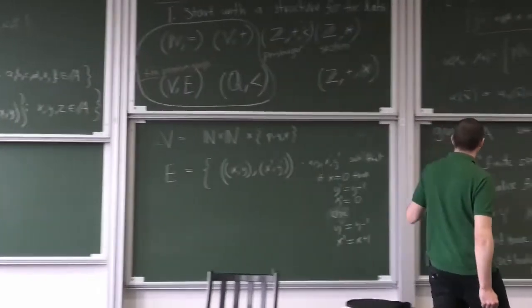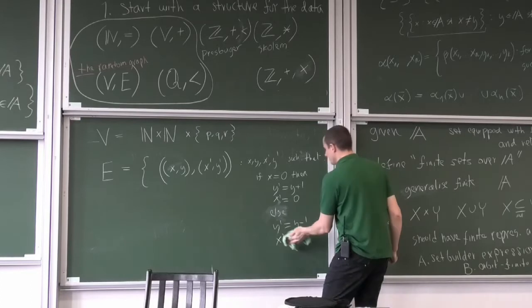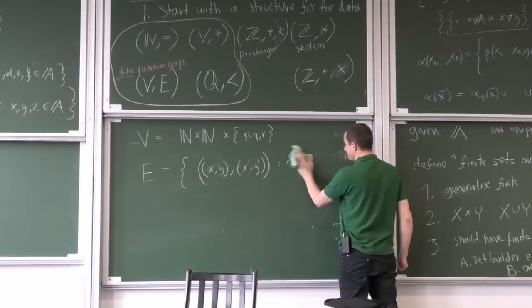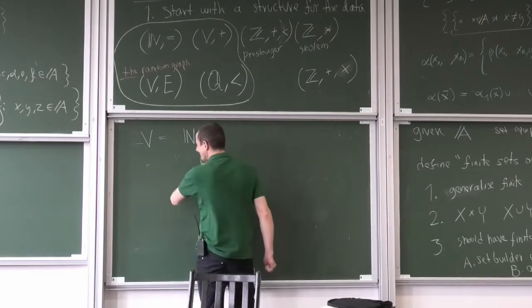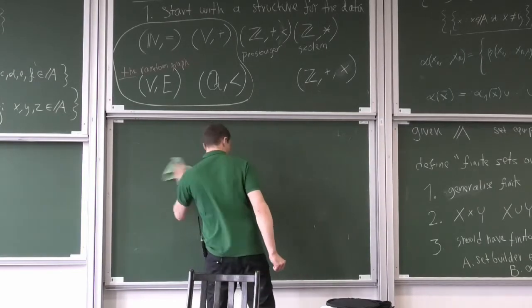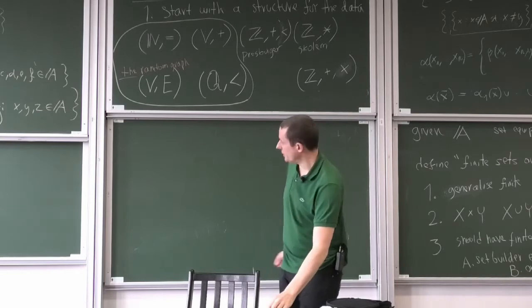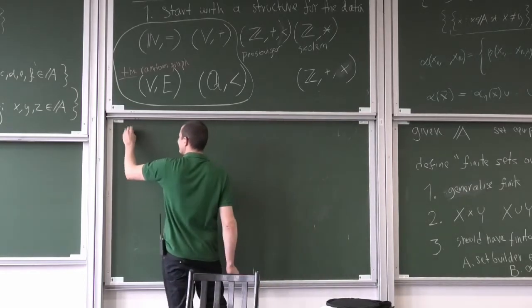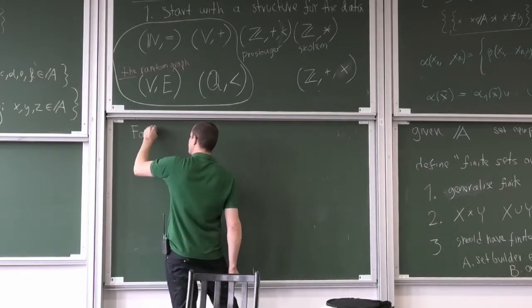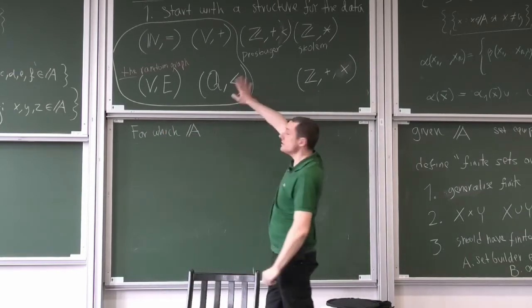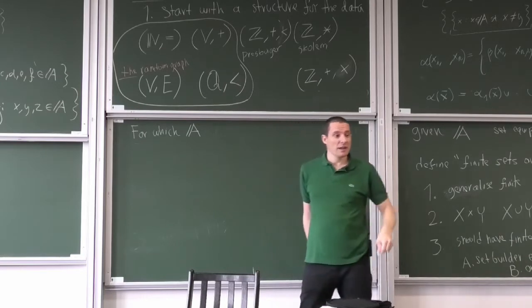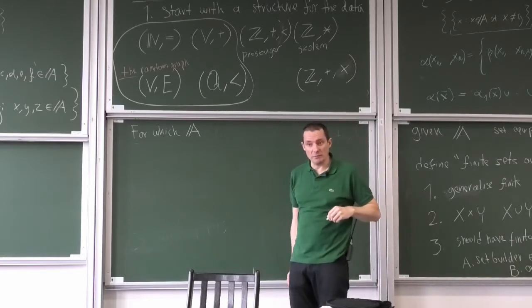Let me go here. I'll put this example. So the question is going to be this. For which choices of A is the theory going to work well?